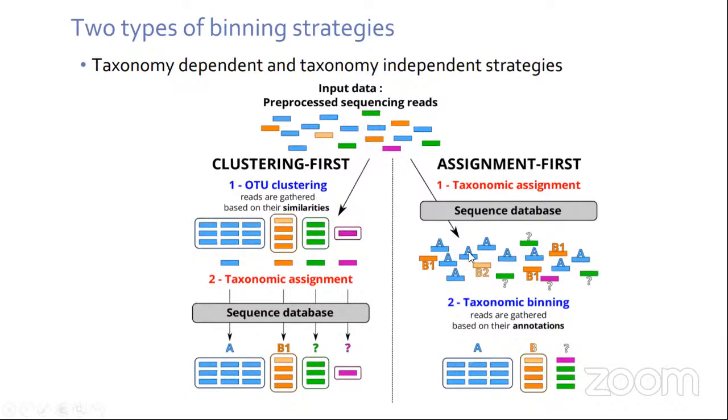As you can see here, this is based on similarity: if your different reads have a particular signature, you cluster them into small groups and thereby go for a taxonomic assignment. For assignment first, the taxonomy dependent approach, we directly go for annotation with the taxonomic assignment.